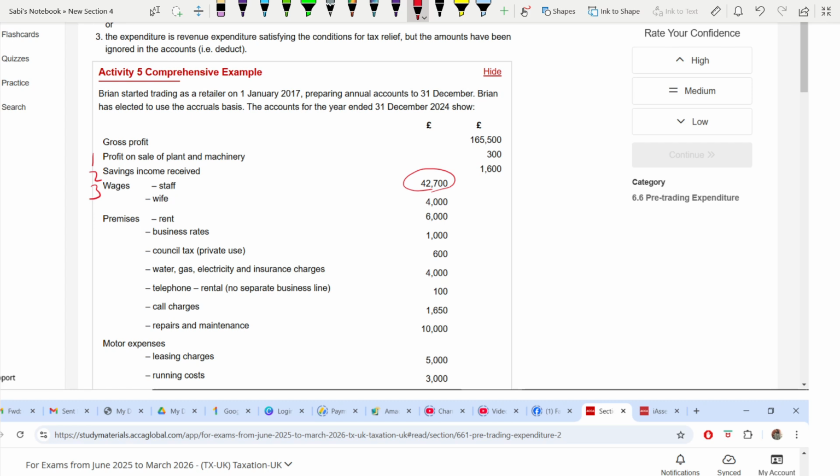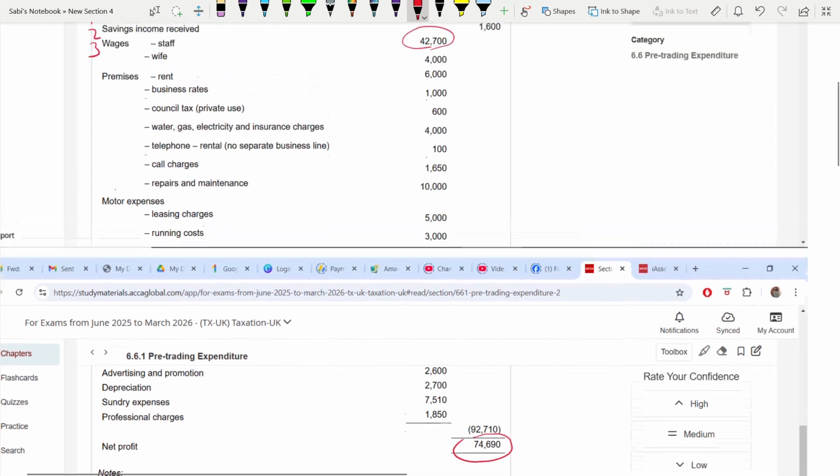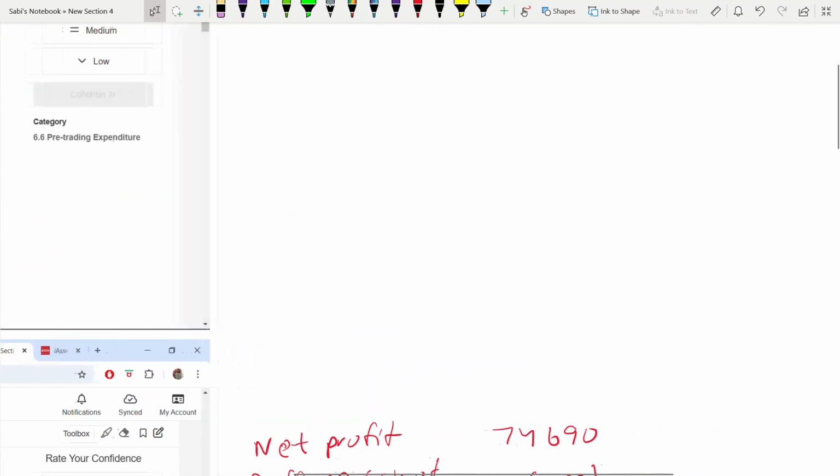So now, if you see for wages, there is a note. Her wages are equivalent to those of an unrelated person. So in this case, you don't have to do any adjustment. The full amount is allowable. Even though you don't have to do any adjustment, you have to write it. You have to show it.